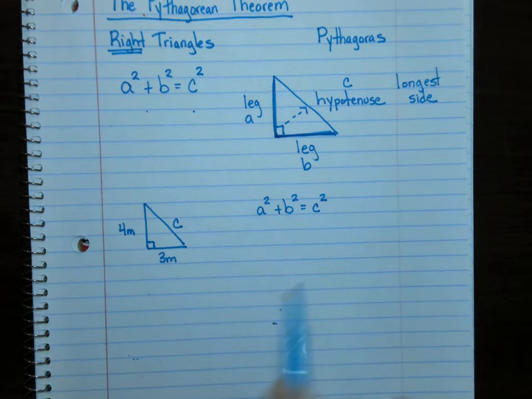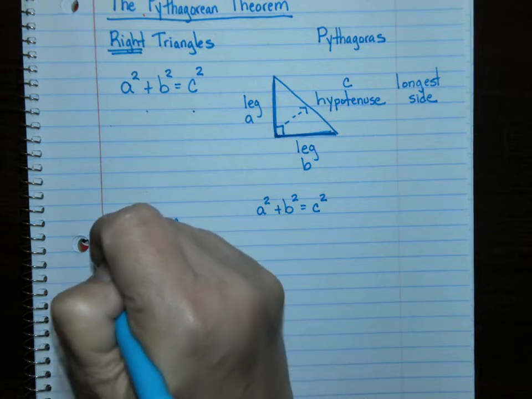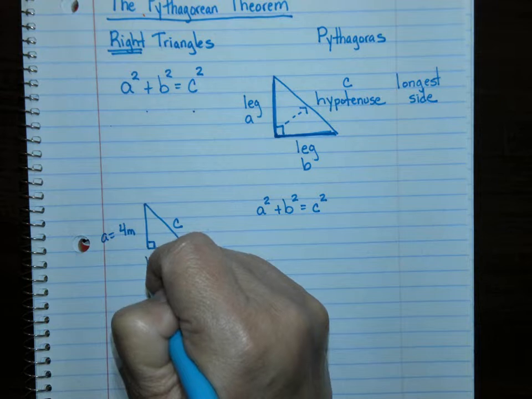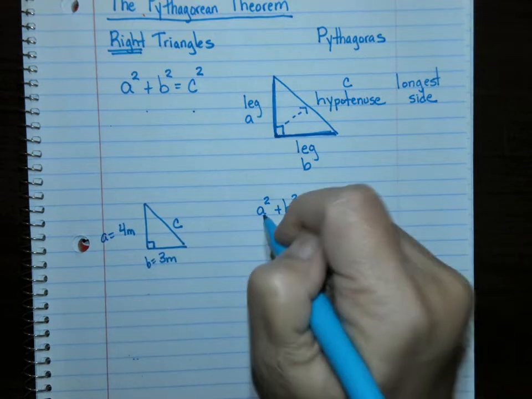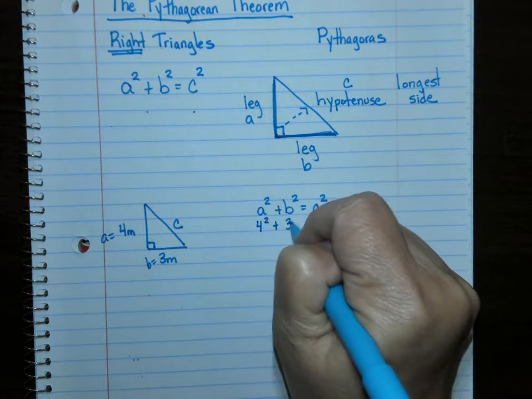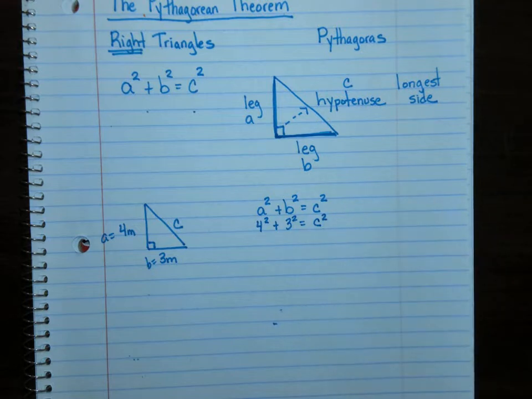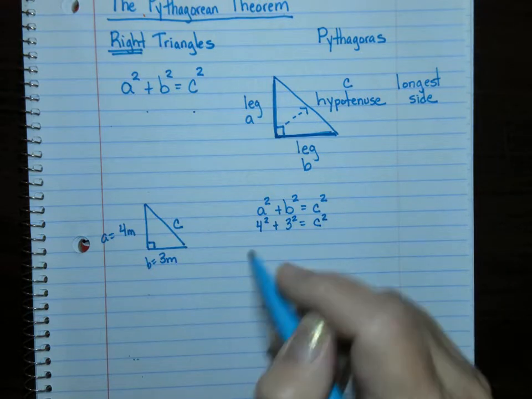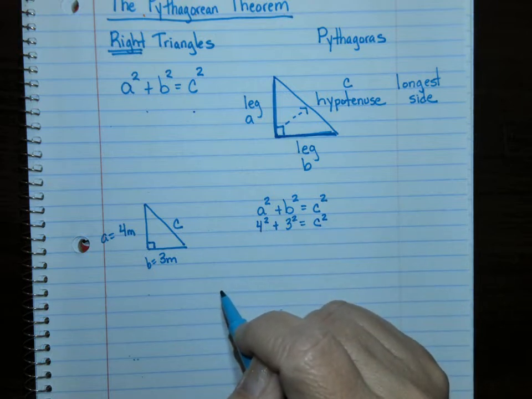And then we substitute in the numbers that we know. So these two sides are a and b. It doesn't matter. I'm going to say this is a and this is b, but if you said it the other way around, that would be okay. So that's 4 squared added with 3 squared is equal to c squared. So, squaring means to multiply a number times itself.